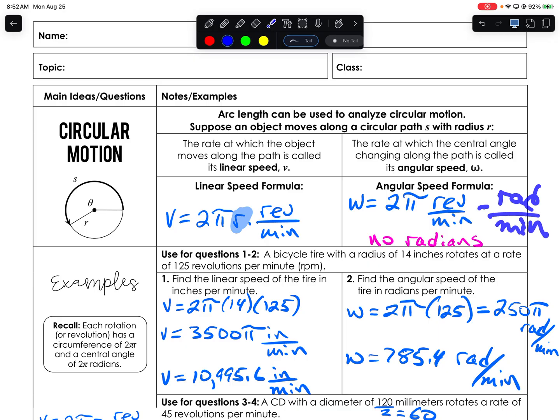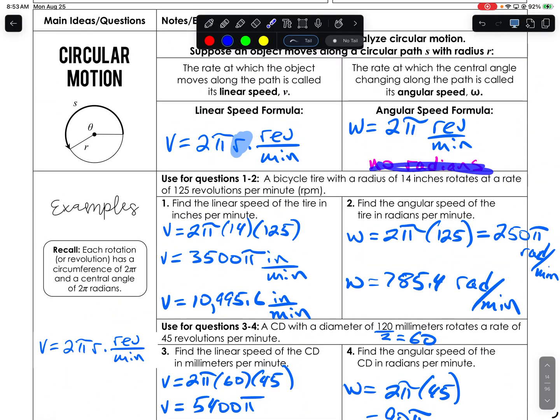That would be a good thing to write down right there, because that is confusing. That's not a stupid question. That was a good one. I would say units are radians per minute, something like that right up there. I think that would help you make sense of it a little bit.